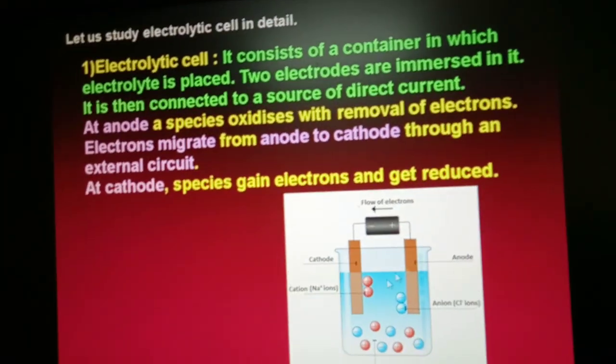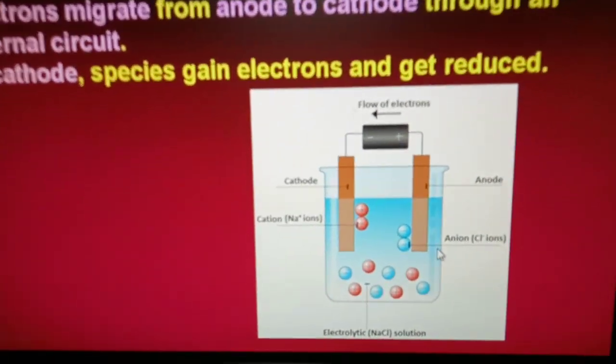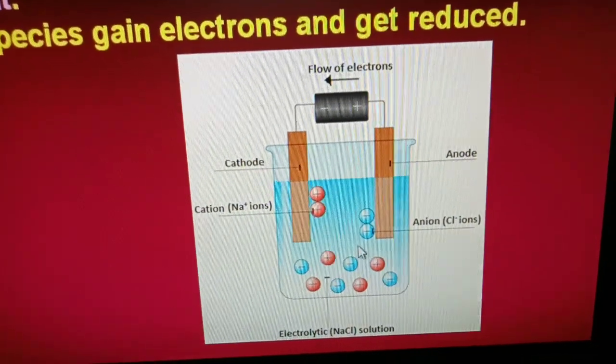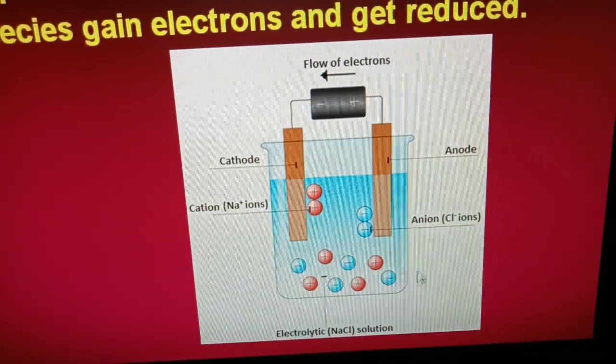Now let us study the electrolytic cell in detail. In the figure we see a container in which the electrolyte, that is NaCl, is taken. You can take any electrolyte, but it should be either in molten state or in aqueous state, because dry salts never conduct electric current, and if they do not ionize, they won't be able to conduct electrolysis.